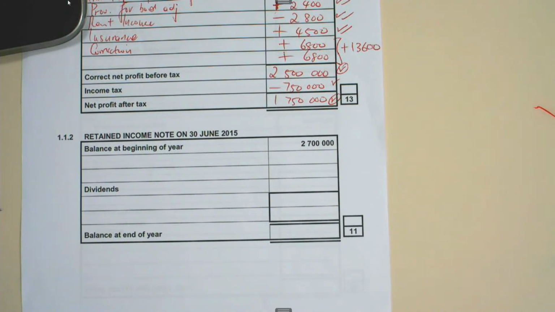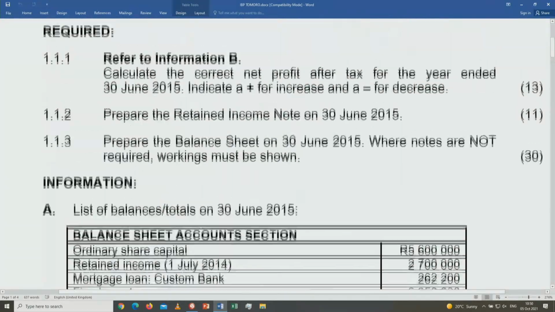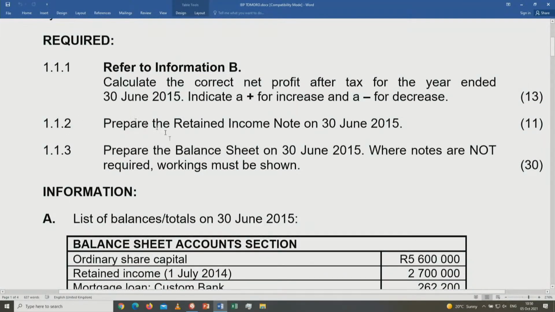Remember, that is part of our question. 1.1.2 says we must prepare the retained income, and then 1.1.3 says we must prepare the balance sheet. Now, where notes are required, workings must be shown. Please, ladies and gentlemen, show workings inside the brackets.